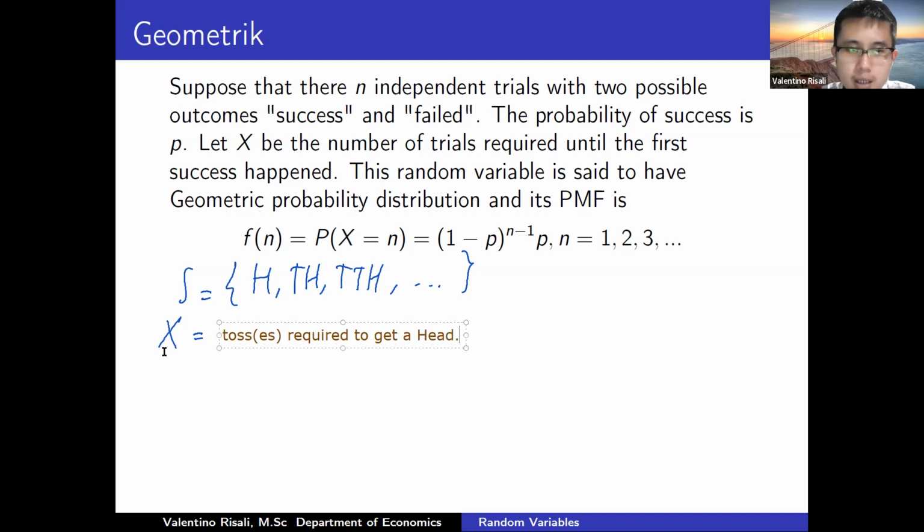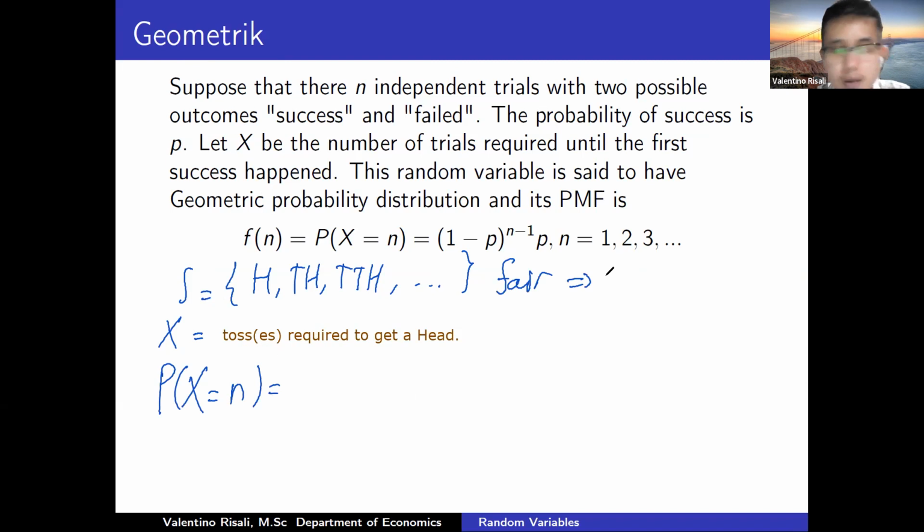And if our random variable is like this, it is geometric, so our probability of x equal to n is, I mean, since the coin is fair, we just use a coin here. The probability of success is p, and the probability of failure is also a half.